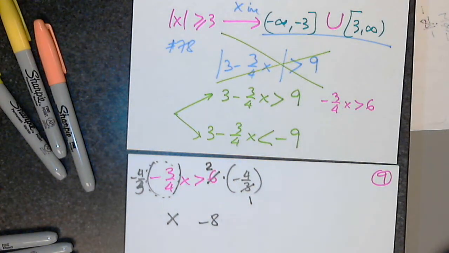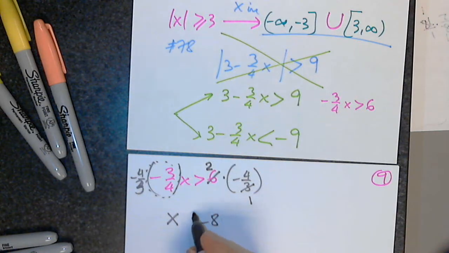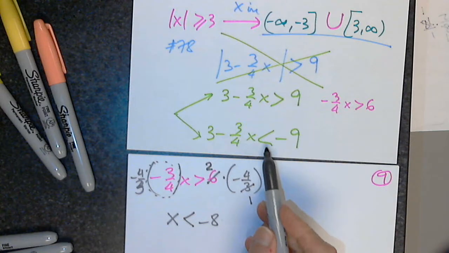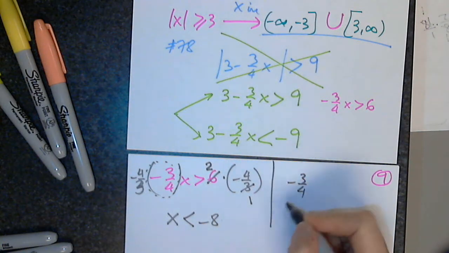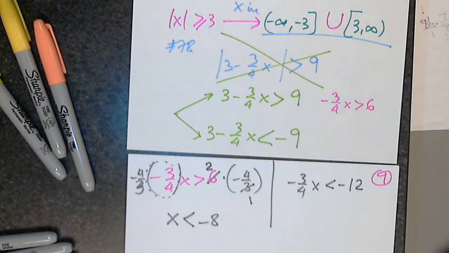But now I have to think for a moment. Switch the sign. Yes, because I multiplied both sides by a negative number, from greater than to less than. Very good. Awesome. I repeat the process for the second inequality. I subtract 3 from both sides. I get negative 3/4 x less than negative 12. Again, what am I trying to get rid of?